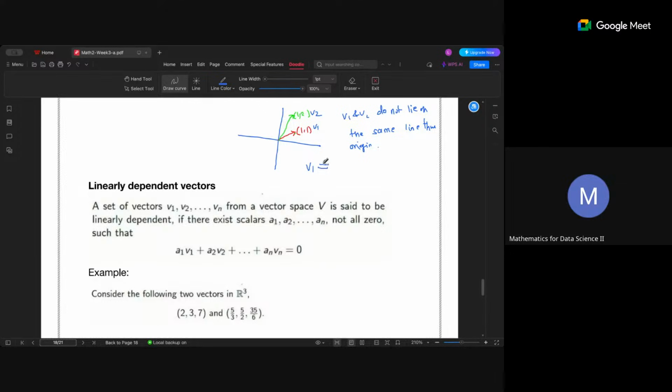What is the next observation? v1 is not equal to alpha v2 for any alpha. Yes or no? Yes, ma'am. So suppose you have an equation like this: alpha 1 v1 plus alpha 2 v2 equal to 0. What are the possible values for alpha 1 and alpha 2?